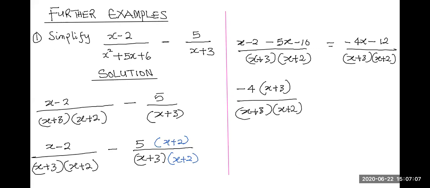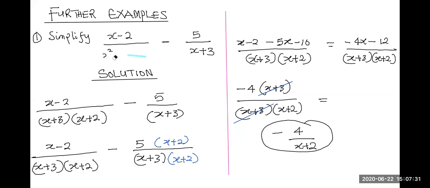We can see the linear factor x plus 3 is common, so we cancel it. What we are left with is minus 4 over x plus 2. So our final answer is minus 4 over x plus 2, and at this point we stop because we can no longer go further. That is the solution to this example.